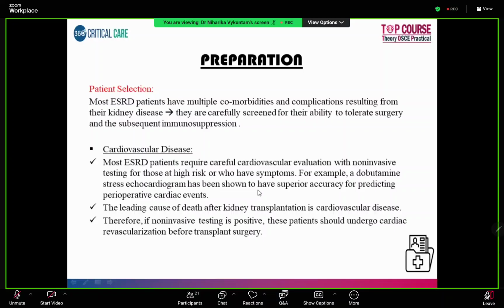Otherwise, if you do a transplant surgery, the life expectancy anyway comes down because of the cardiovascular disease. So any patient with risk factors for cardiac disease has to undergo a non-invasive cardiac test, and if positive, then if possible revascularization before kidney transplantation. This is if the patient has an underlying cardiovascular disease.